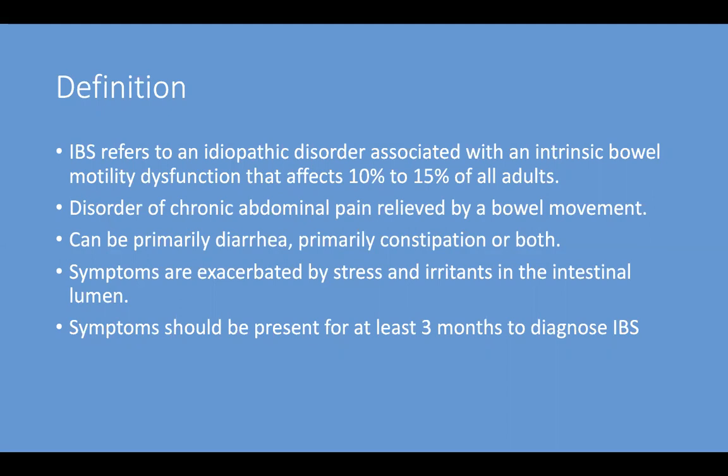So don't get confused if you see that he has mixed diarrhea and constipation. It could happen. Symptoms are exacerbated by stress and irritants in the intestinal lumen. So if the patient states that he has some sort of stress in his life, either work or family, and he presents with these symptoms, we could think about IBS.